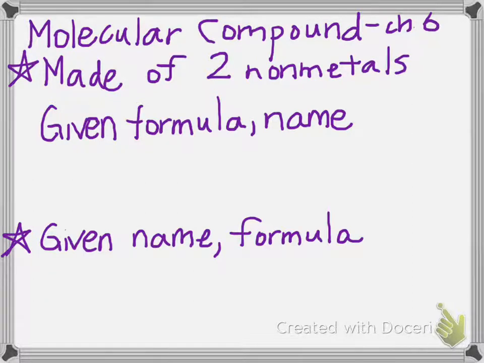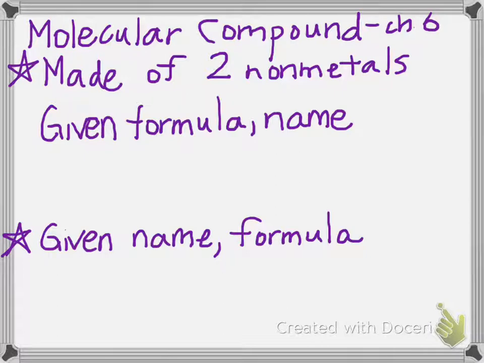Remember, nonmetals are, looking at your periodic table, to the right and above that heavy stair-step line. Those are our nonmetals. So we're going to know that we're doing something with a molecular compound when we see that our compound is made of two nonmetals.